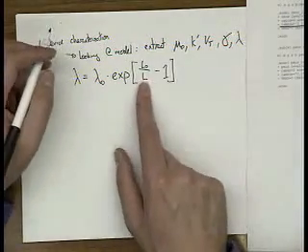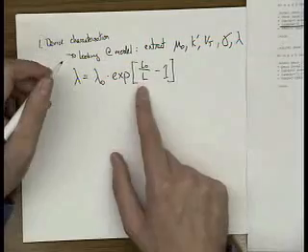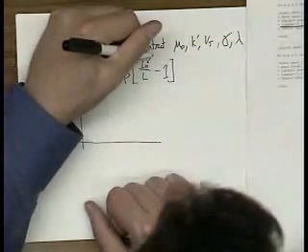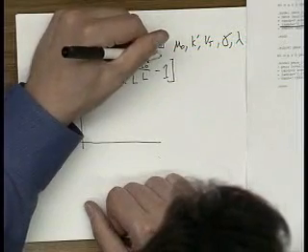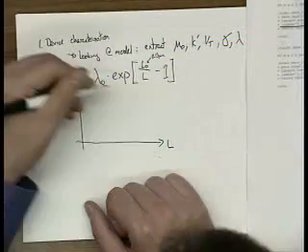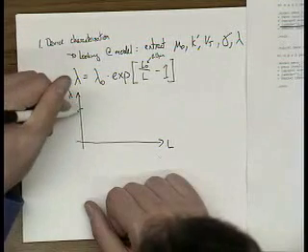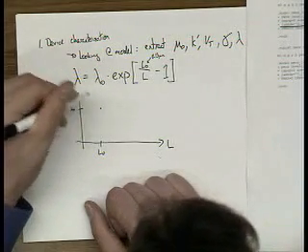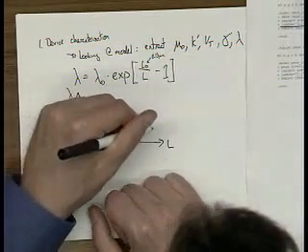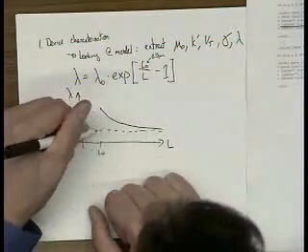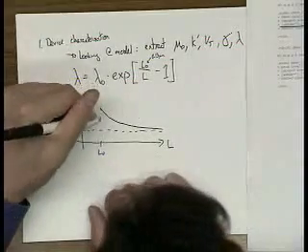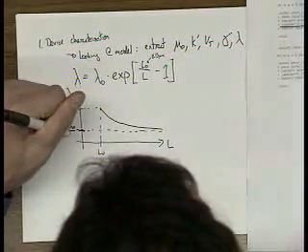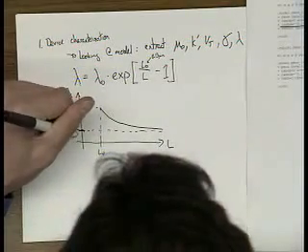So lambda is now a function of your actual device length. You can see that L naught is 0.13 micron. As L increases, lambda goes from lambda naught over exp(1) and decreases like this.